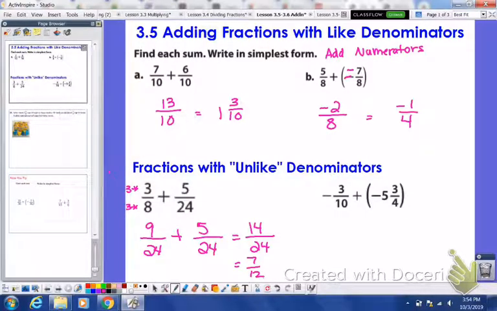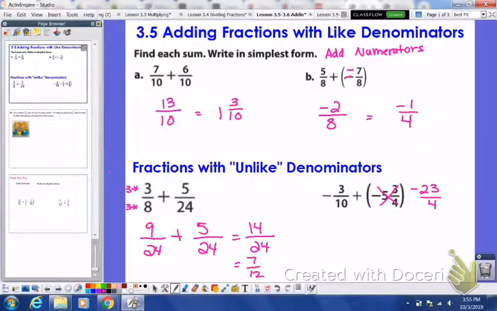All right, second one, negative 3/10 plus negative 5 3/4. Well, I want to change this into an improper fraction first. I'm just going to do it off the side. 5 times 4 gives us 20, plus 3 is 23, so negative 23/4. Now, I can't change a 4 into a 10. If I did 10 divided by 4, I would get a decimal.